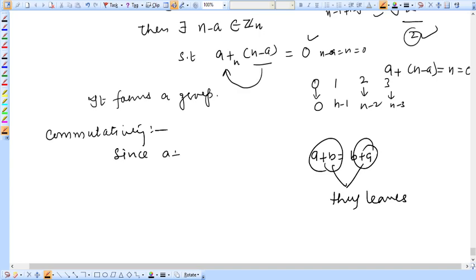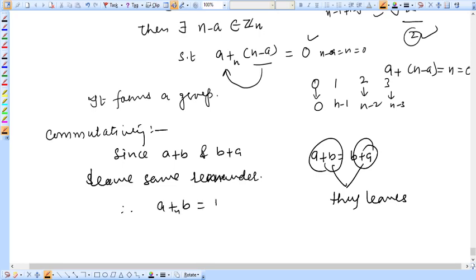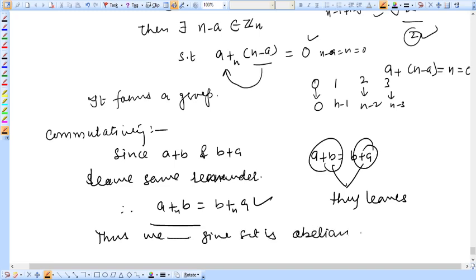Since a plus b and b plus a leave the same remainder, therefore a addition modulo n is equal to b addition modulo n, right? Thus we can say the given set is an abelian group.